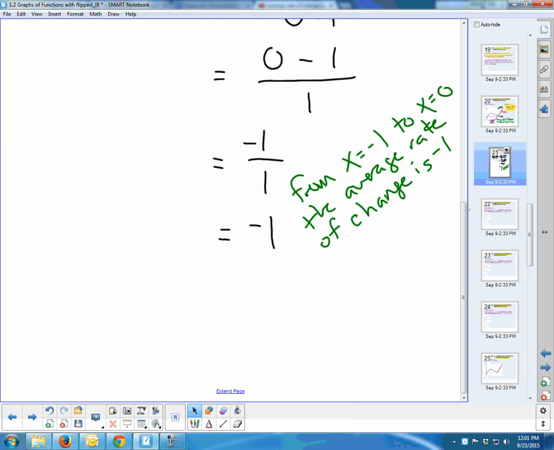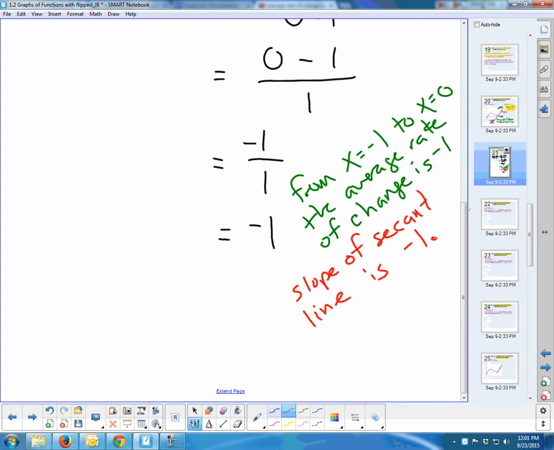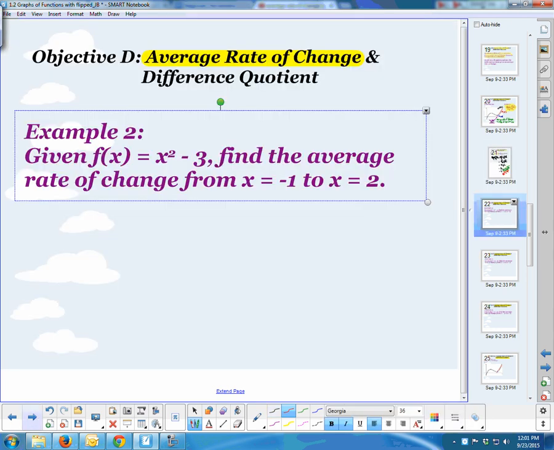Meaning, if I was to take my curve and connect the points with a straight line, the slope of the secant line that connects those 2 points is negative 1. That's what that means. And it gives us the average rate of change. So that's one example. We'll go through another example as well.